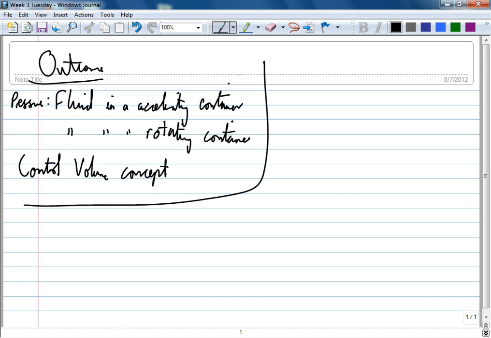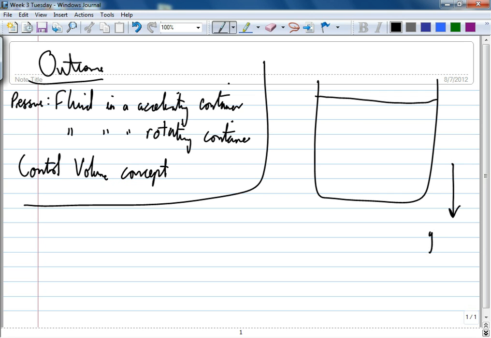To start, let's start with something easy. If you have a fluid, this is the surface. G is 9.81 meters per second squared, and we get pressure like this.